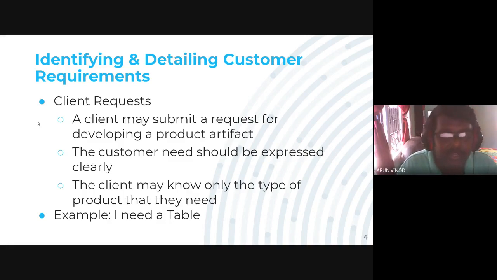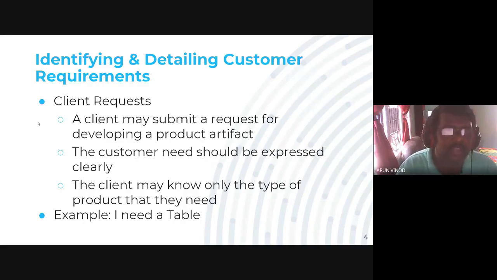The client may know only the type of product that they need. For example, sometimes the client says, I need only wood, but he doesn't know about the size. Then you will ask, how many can sit at the table? He'll say, okay, 6. So 6 means this size will be comfortable, and for this size, this much cost is required for designing the table.